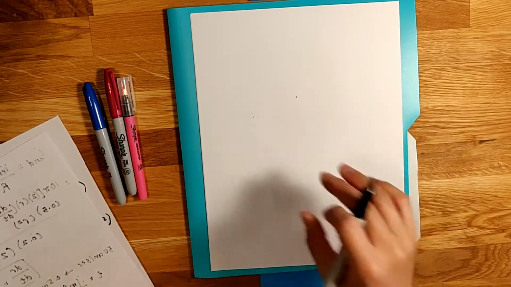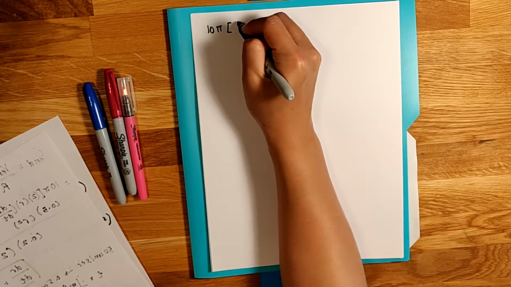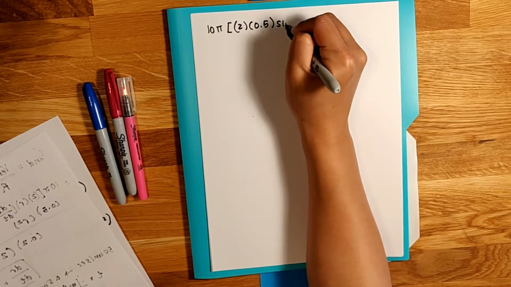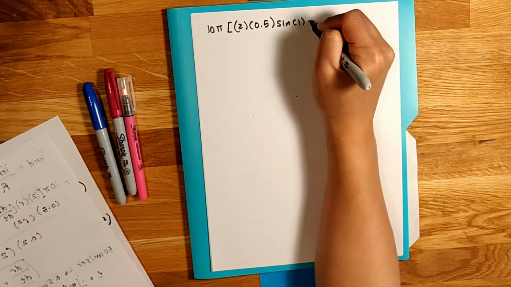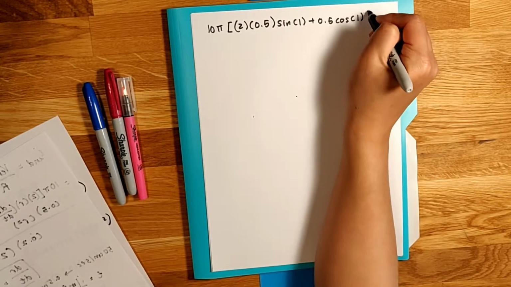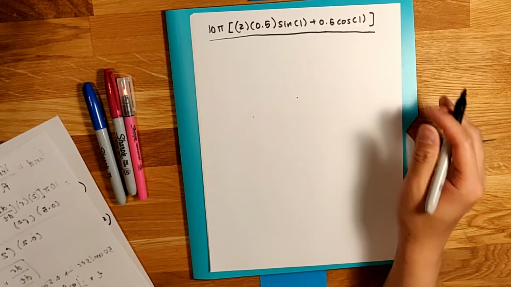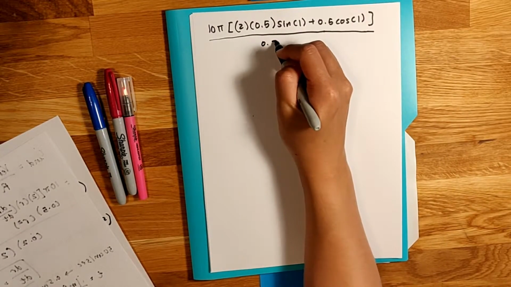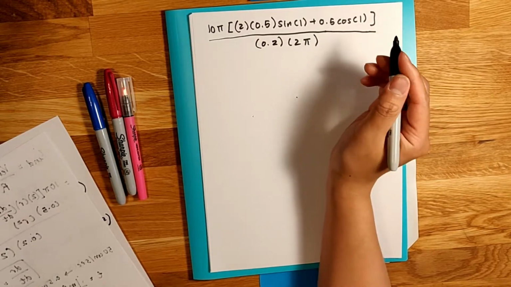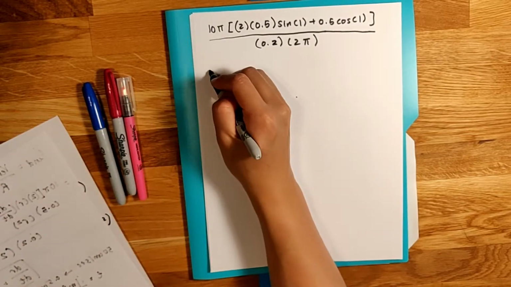So, just to simplify this even further, we will get 10 pi times 2 times 0.5 sine of 1 plus 0.5 cos of 1, divided by 0.2 times 2 pi. And plugging sine 1 and cosine 1 into your calculator will give you these values.